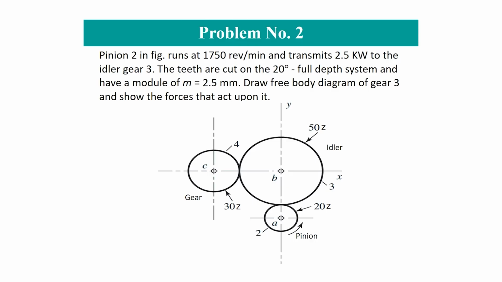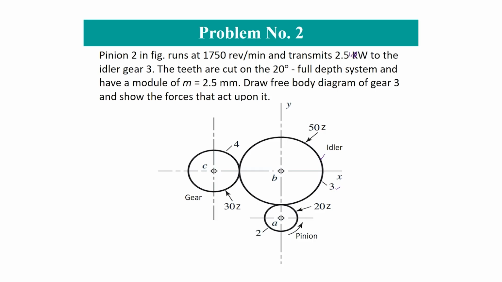So in this problem, pinion 2, this is the pinion, runs at 1750 revolution per minute and transmits 2.5 kilowatt to the idler gear 3. This is the gear which is nomenclated as third gear, and it is an idler.